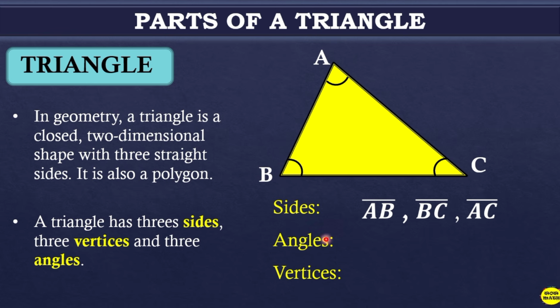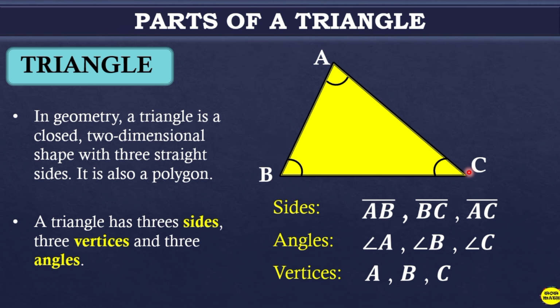For the angles, we have three angles: angle A, angle B, and angle C. And for vertices, these are the points. We have point A, point B, and point C. So, those are the vertices.